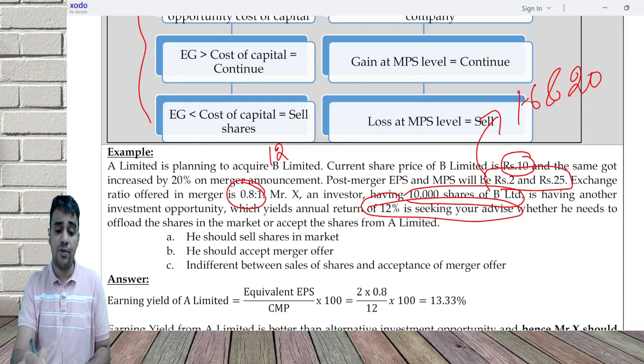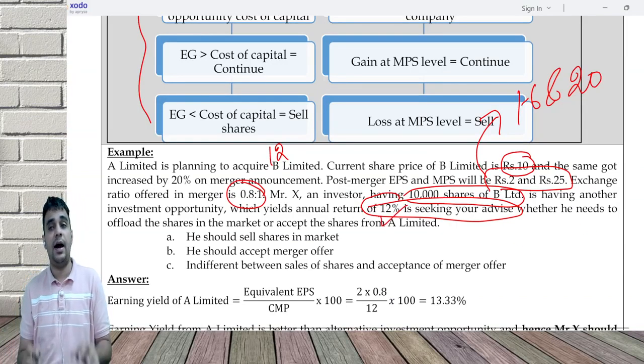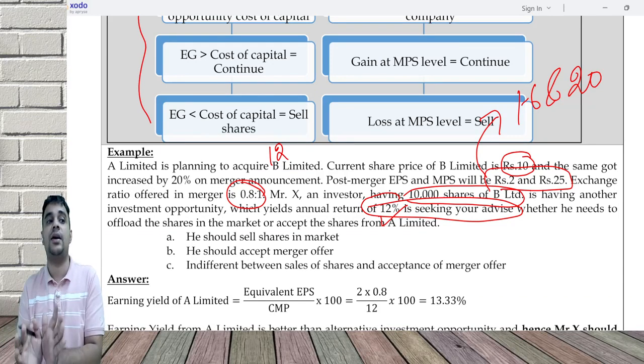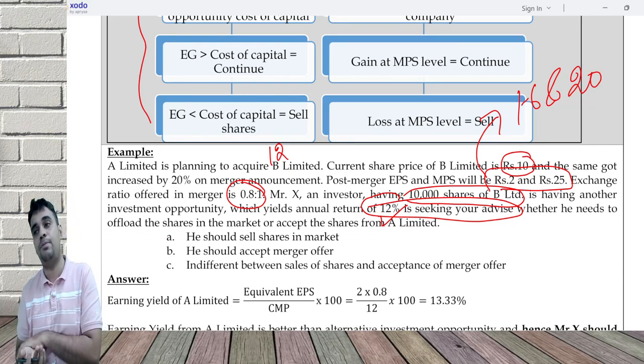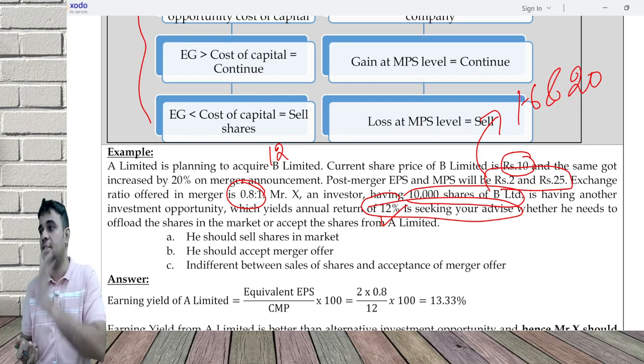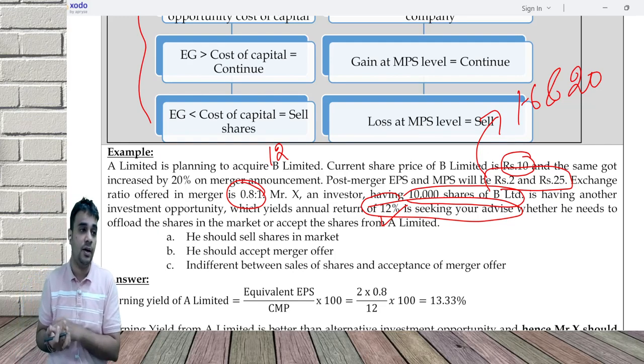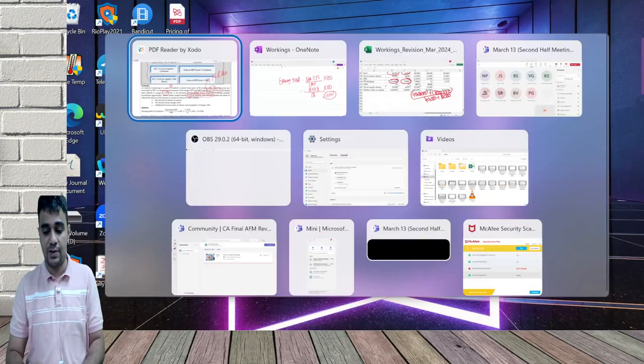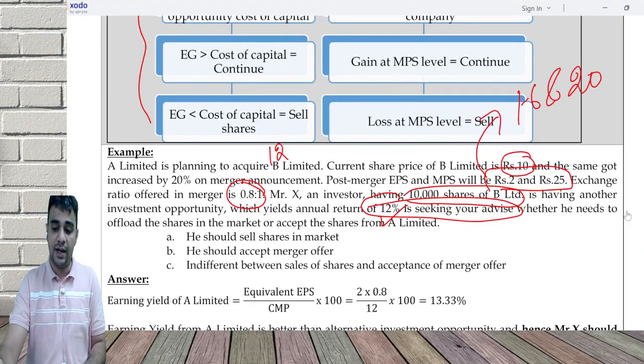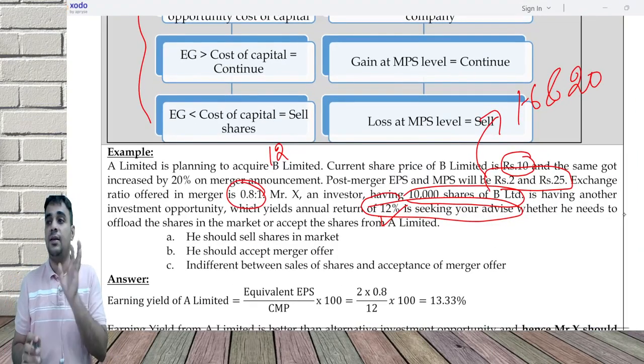The alternative is going to give me 12%. I will continue with the company and earn 13.33%, since the opportunity part is only 12%, whereas here I can earn 13.33%.